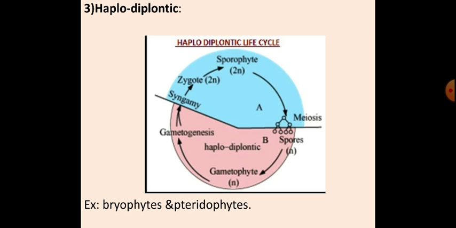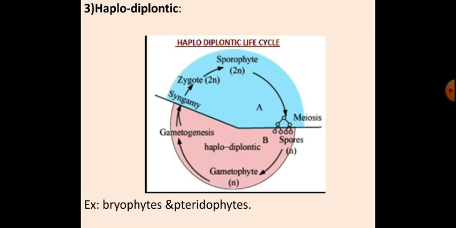They are haplodiplontic. For example, in bryophytes, the dominant independent photosynthetic thalloid body is represented by the haploid gametophyte. Later it gets converted into the sporophyte. In pteridophytes, there is a sporophytic plant body, and later it gets converted into a gametophytic plant body.